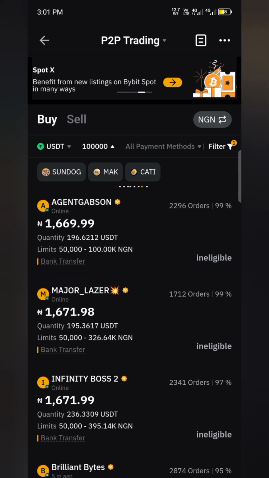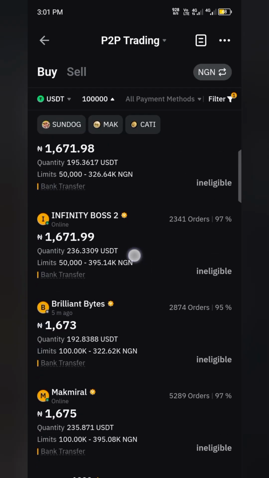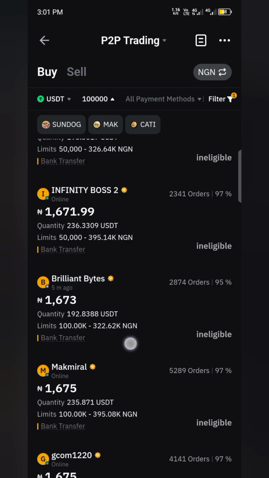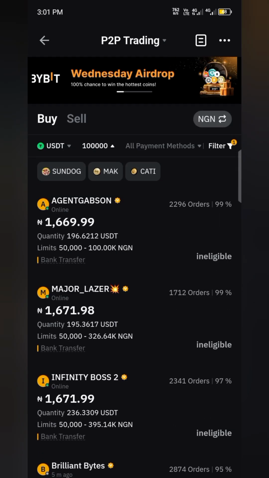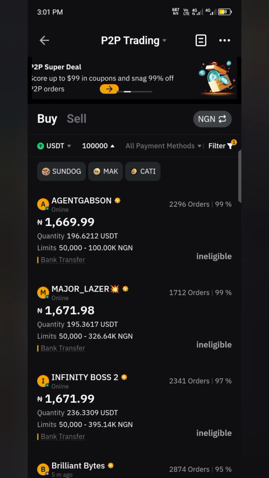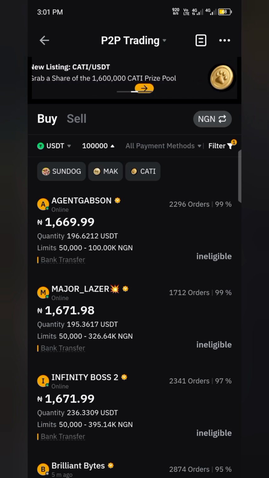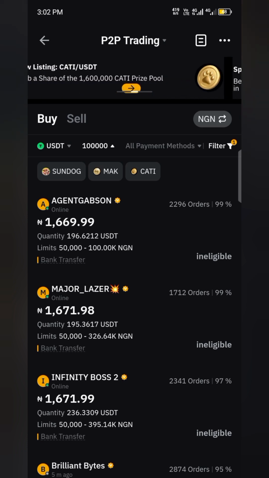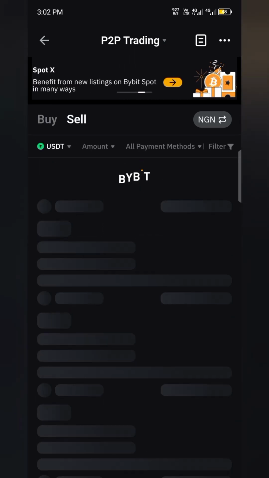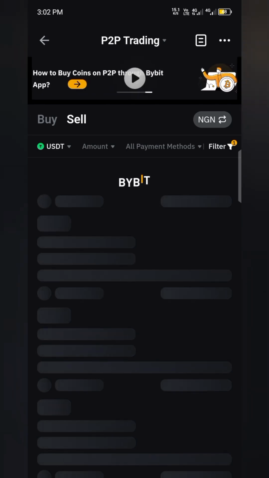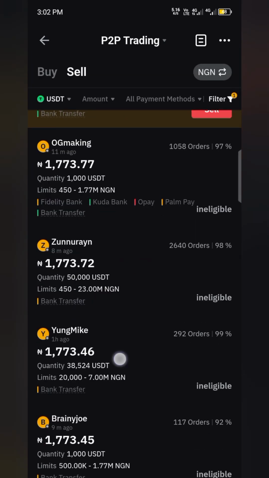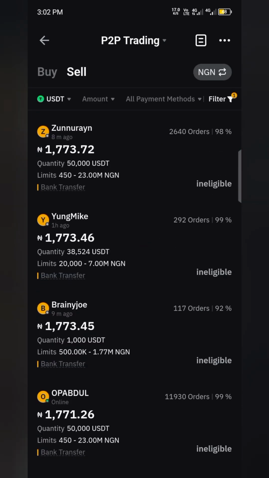So that's the easiest way to quickly find people who are willing to sell the amount of USDT you want to buy. Same applies to when you want to sell too, so that you won't be scrolling randomly and endlessly for whose limit is within what you want to buy or sell for.